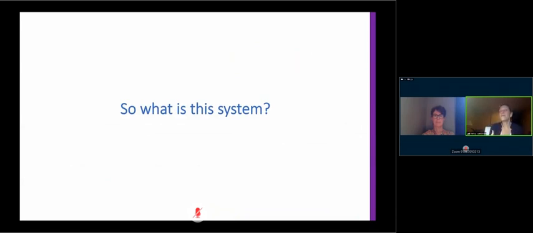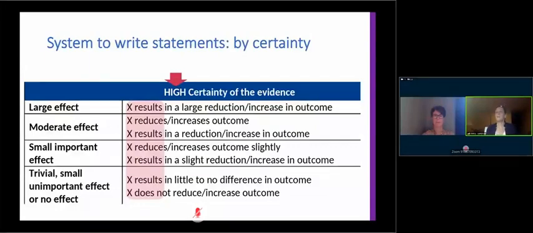So now we have more options that people can use, and the way to use the system is the same way. First, you would focus on the certainty of the evidence. So I've done my systematic review, I have my results, I now assess my certainty of the evidence, and I've ended up with high certainty evidence.